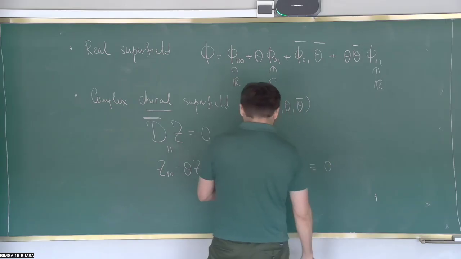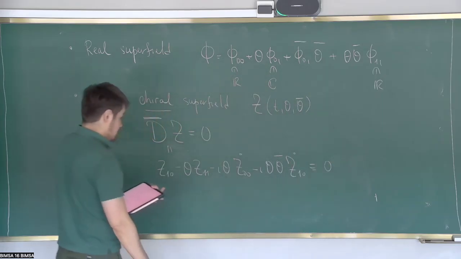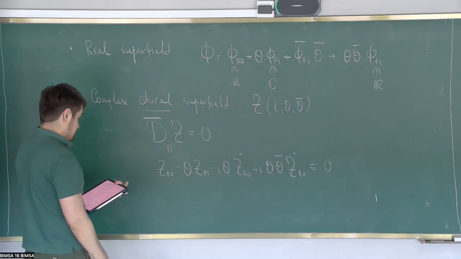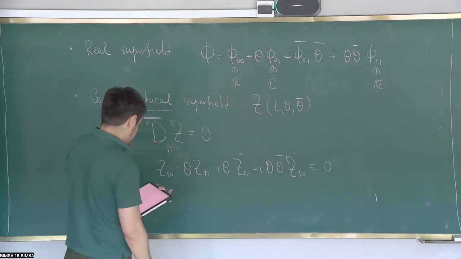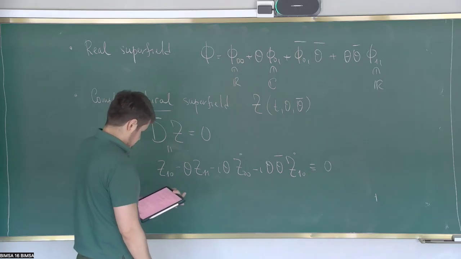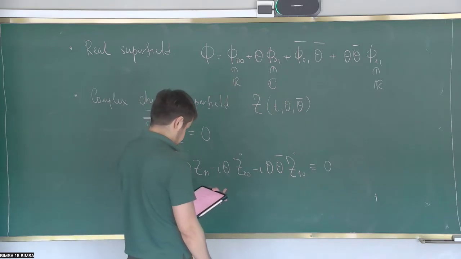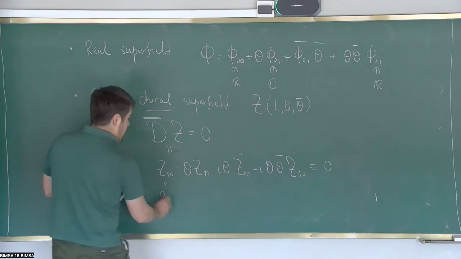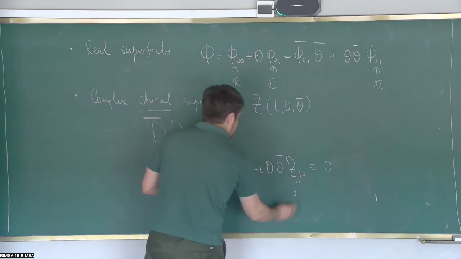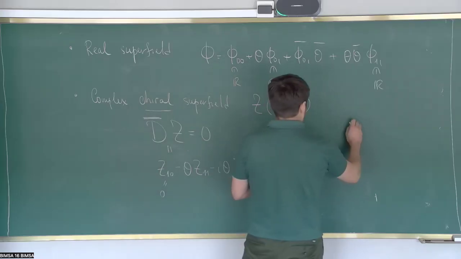We require this to be 0, so we equate the coefficients of various powers of thetas. So we find that this is 0, this is 0, so Z10 is 0.